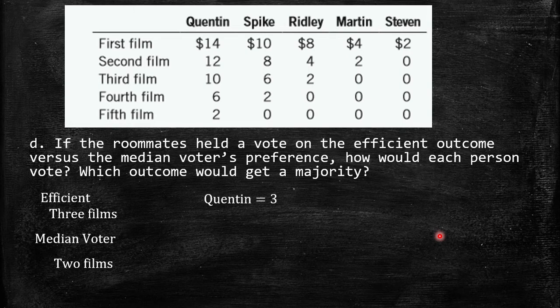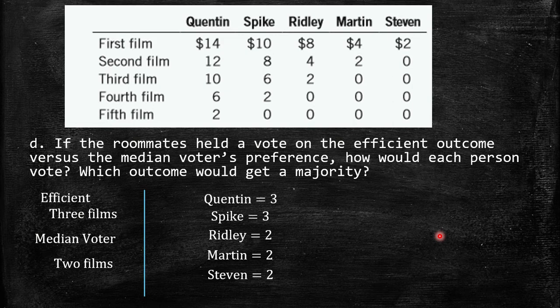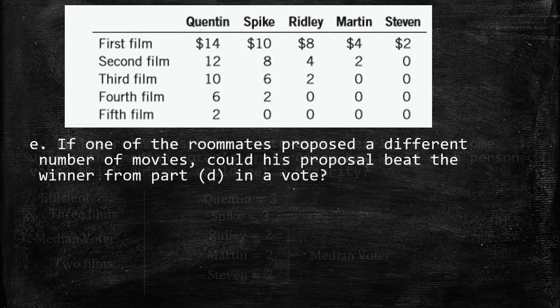So Kentin prefers 3, Spike again prefers 3, and Ridley prefers 2 films, right? Martin 2 and Steven 2. So remember, the median voter's choice, 2 films, should be the majority at the end of the day.